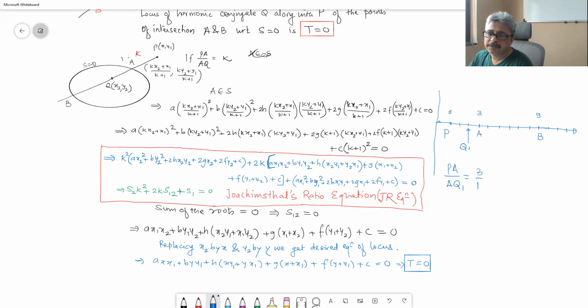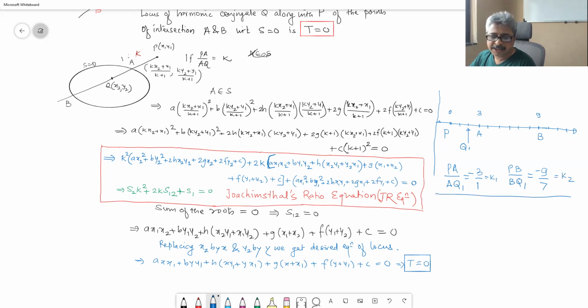Correct? And PB upon BQ1 is how much? 9 upon 7, with a minus sign, because this is external. Have you understood this? So this I am calling K1, this I am calling K2.